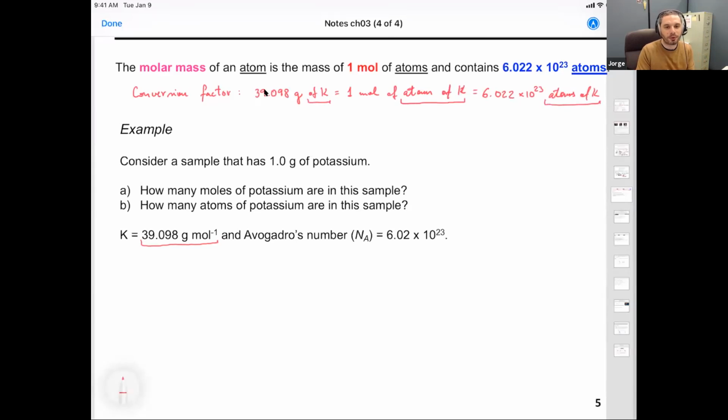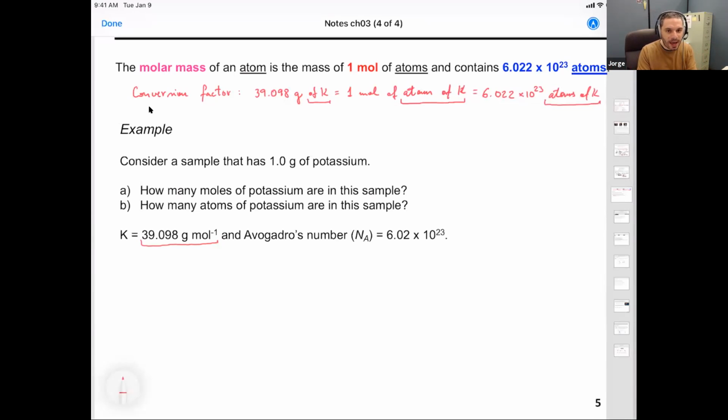Again, from the atomic molar mass that we extract from the periodic table, I know that this corresponds to 1 mole of atoms, and that corresponds to 6.022 times 10 to the 23rd atoms. See now that our conversion factor got a little more complex.